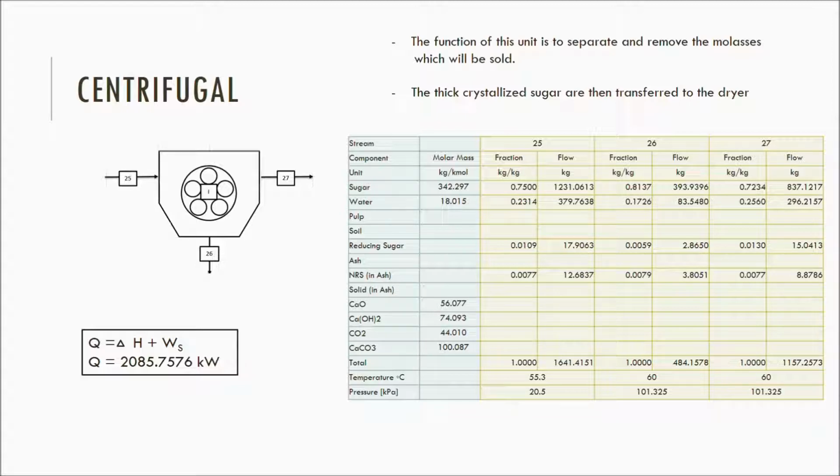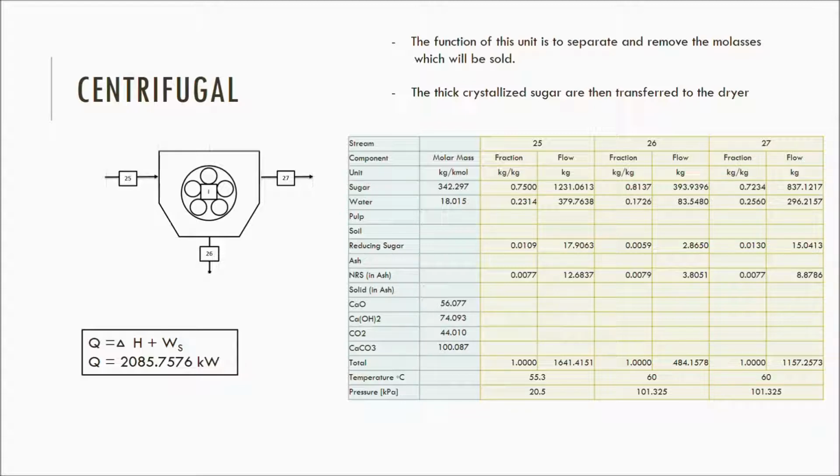The centrifugal is used to separate and remove the molasses which will be sold. The thick crystallized sugar is then transferred to the dryer. The inlet of the centrifugal is 1641.4151 kg per hour at the temperature of 55.3 degrees Celsius at the pressure of 20.5 kPa, and the outlet of the centrifugal is 1157.2573 kg per hour at the temperature of 60 degrees Celsius at the pressure of 101.325 kPa.